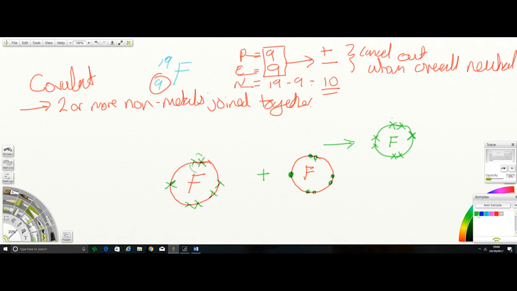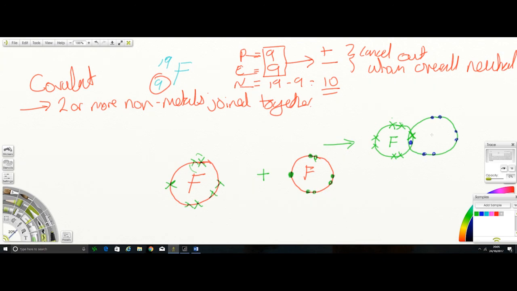It doesn't really matter what side it's on. And here's my 2nd fluorine atom. This one I'm going to represent with dots, remember, and just to make it even more obvious, I'll change the color. So I've got 1, 2, 3, 4, 5, 6, 7, and oh look at that, it's got an 8th one now.